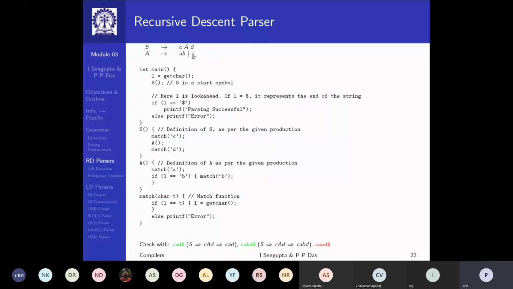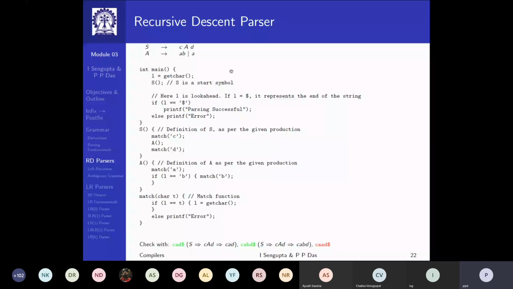If I use a here, you can just put your attention at the bottom of the slide, you get this derivation, which gives you cad. And if you use the production A producing ab in the second stage, as in here, then you get cabd. Every other string comprising a, b, c, d is an error. They cannot be derived from this grammar.